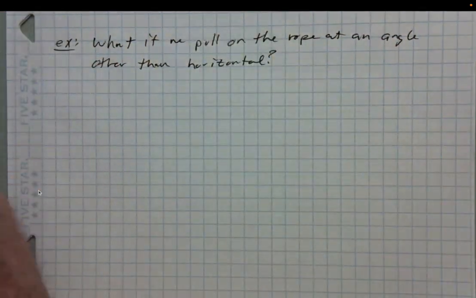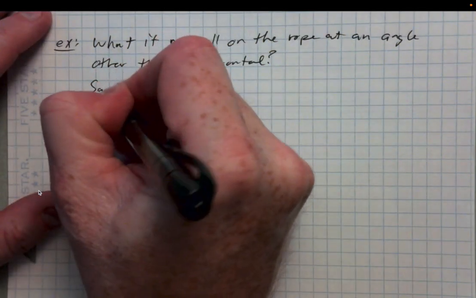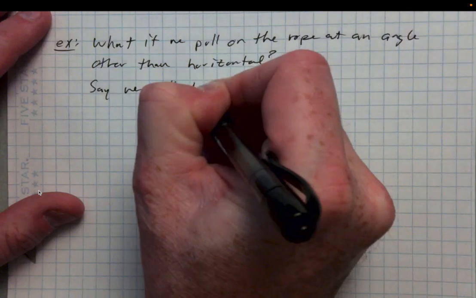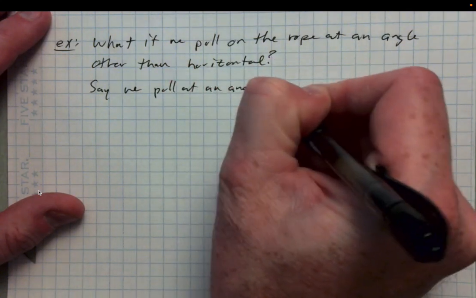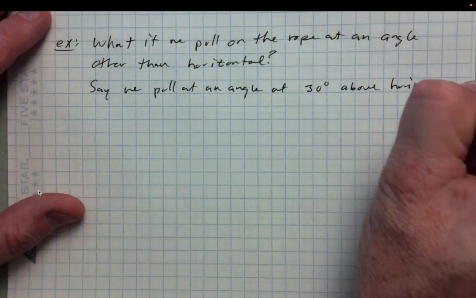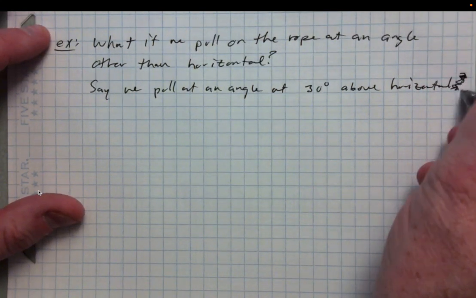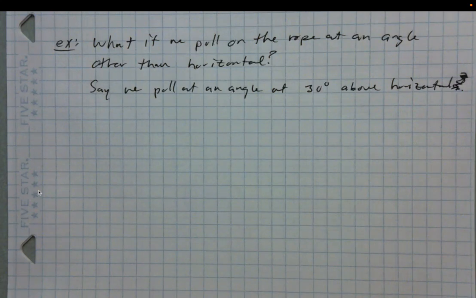What happens then? Say we pull at an angle of 30 degrees above horizontal. Okay. So let's draw the picture.